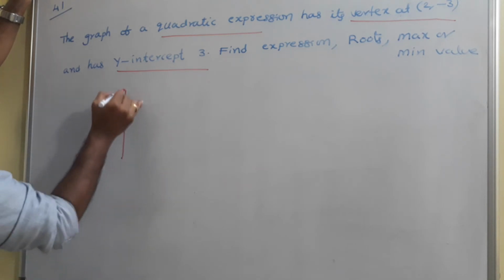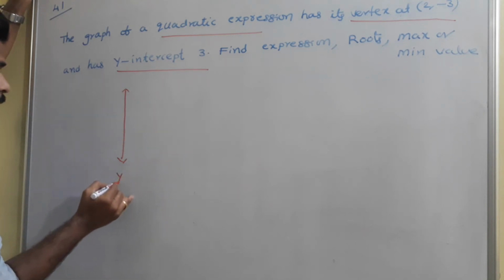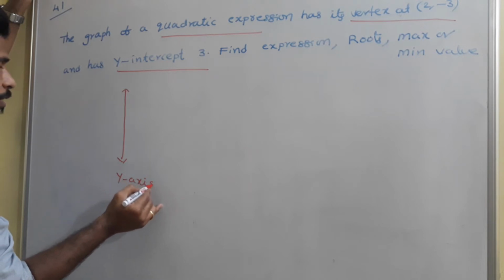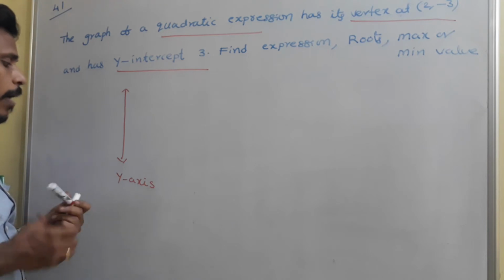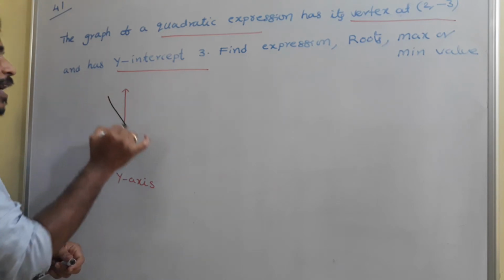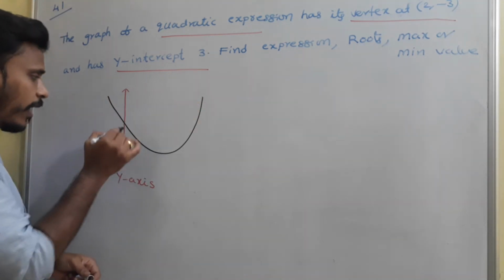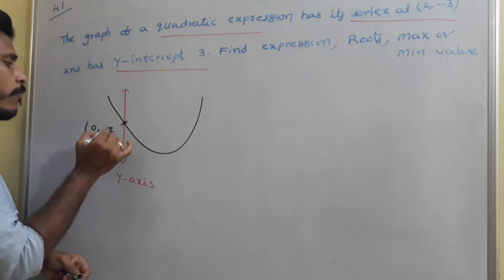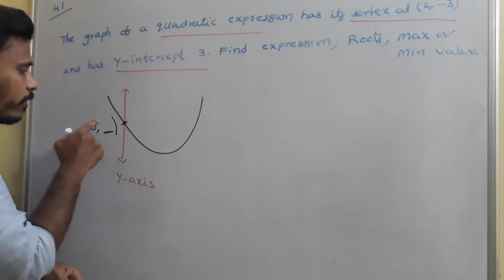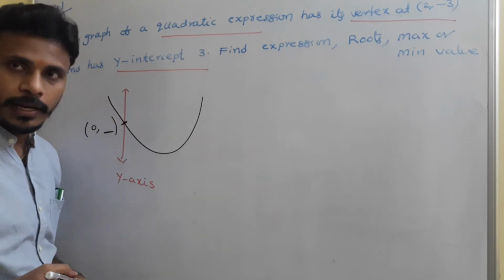If this is the y-axis, we don't know about the graph whether it is upward or downward. If the graph intersects the y-axis like this, then at this point the x value is 0 and some value is there in the y coordinate. That y coordinate is the y-intercept.